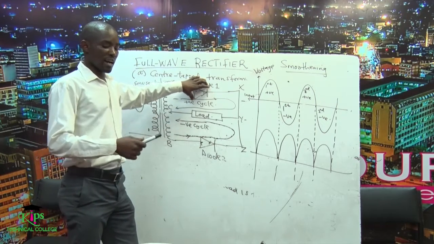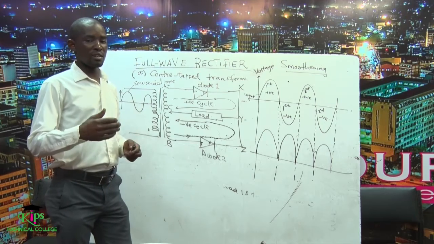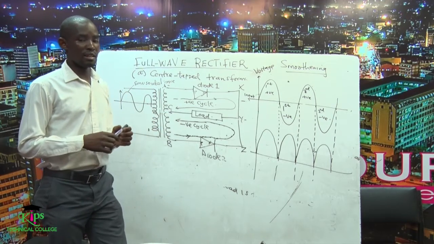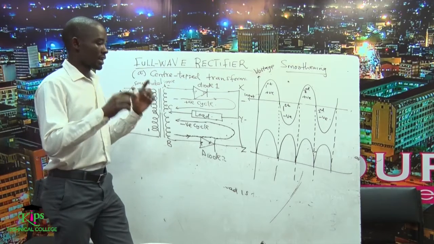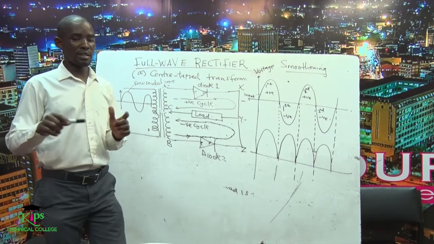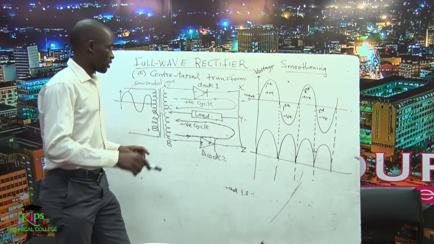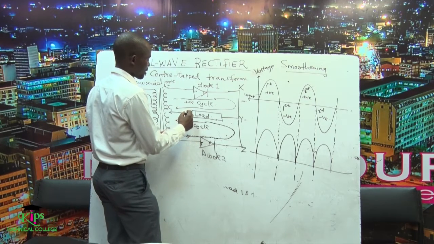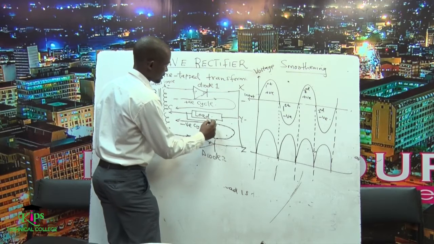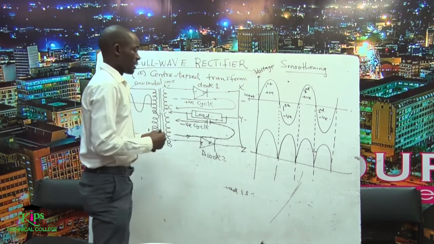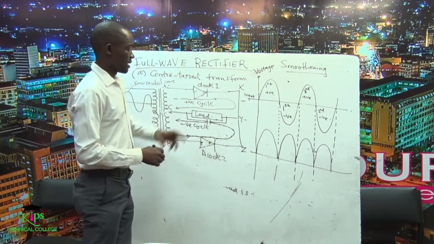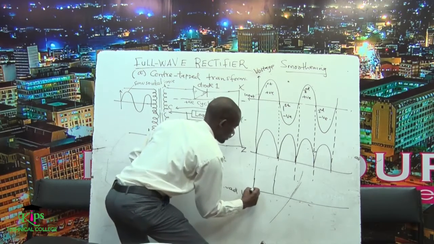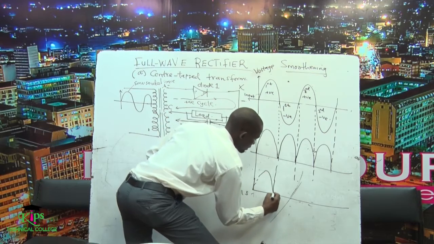So for you to remove that, you need a section called the filter. Remember, we have discussed this in the block diagram. A key component used in the filtering section is a capacitor. So if you connect a capacitor across the load, at this point for instance, this output will be smoothened, and this will be the kind of shape that you will experience.